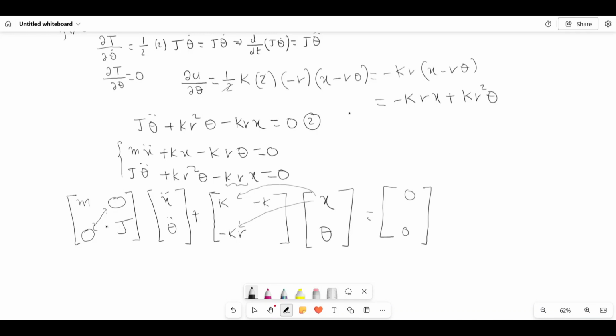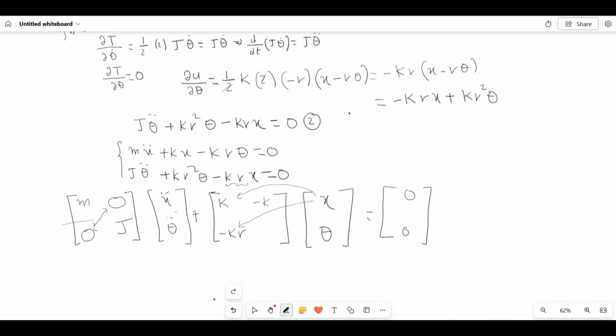But remember, everything that you have down here is what you found on equation 2. Everything that you have on top here is what you find at 1. I hope I'm making sense.